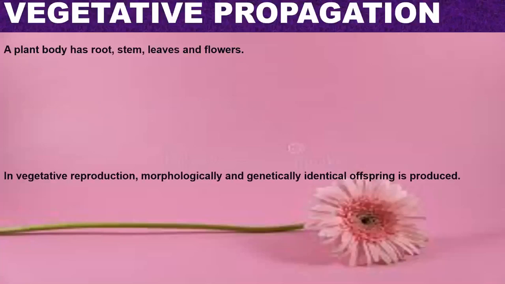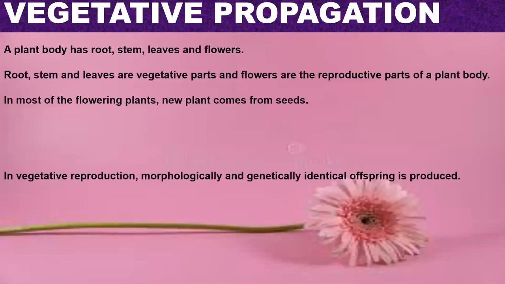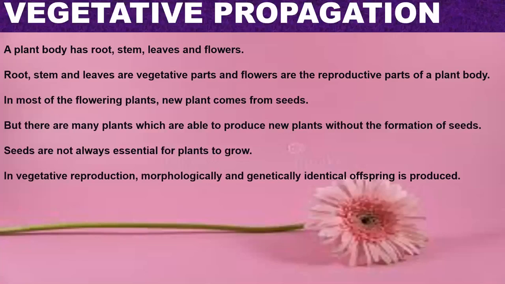Vegetative propagation. A plant body has root, stem, leaves, and flowers. Root, stem, and leaves are vegetative parts, and flowers form the reproductive parts of a plant body. In most of the flowering plants, new plant comes from the seeds.